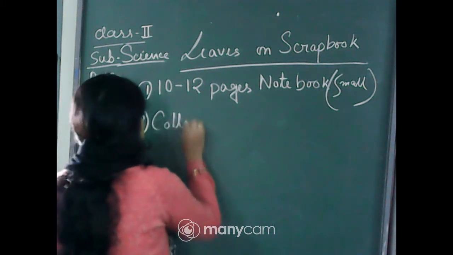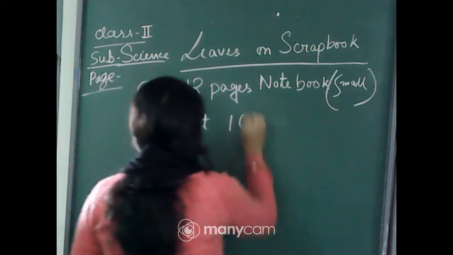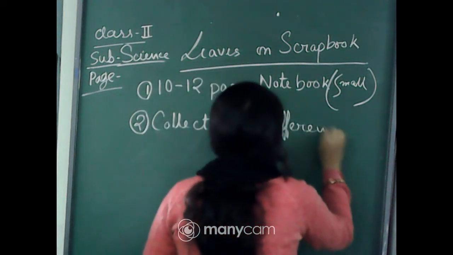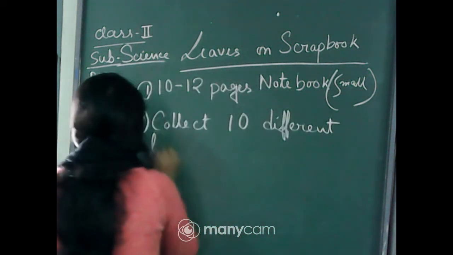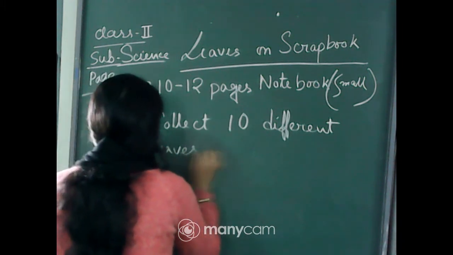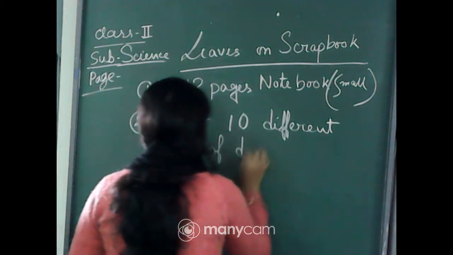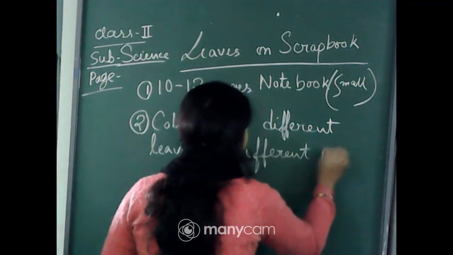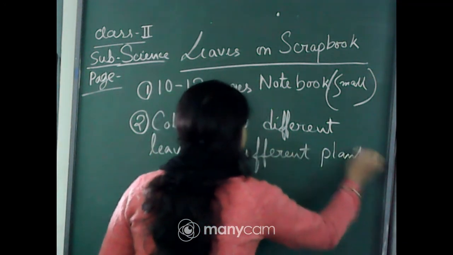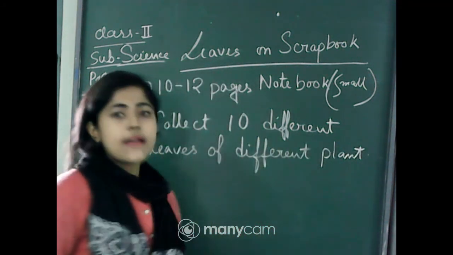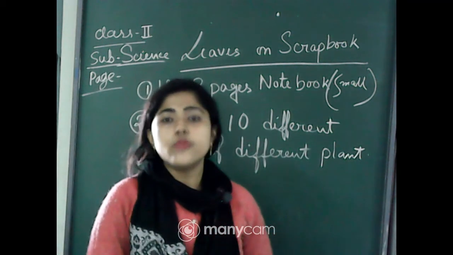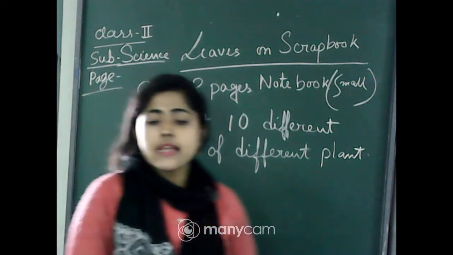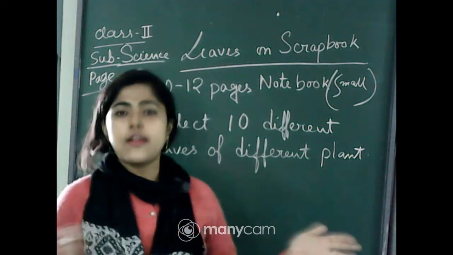That means you take one hibiscus leaf, one rose leaf, one neem, tulsi, or any other leaves from different plants.